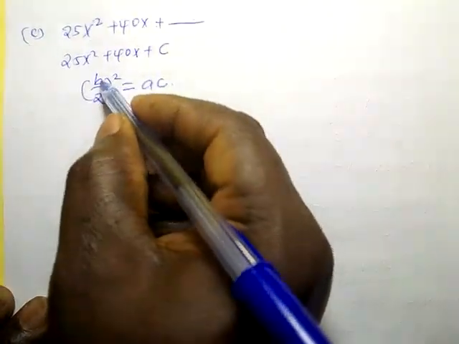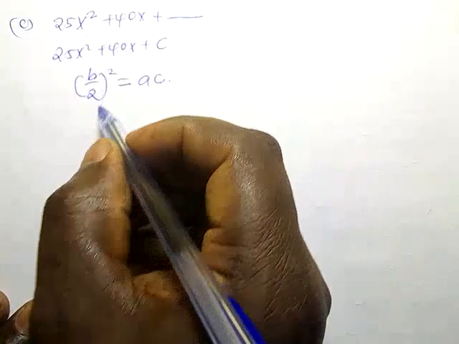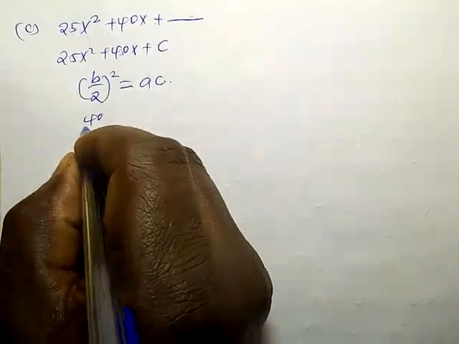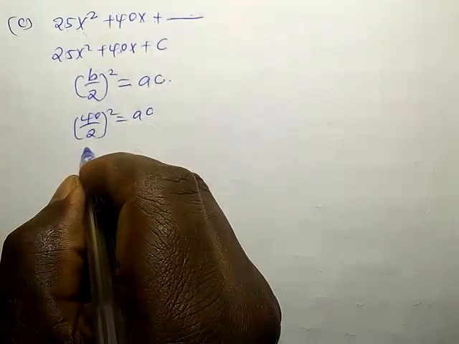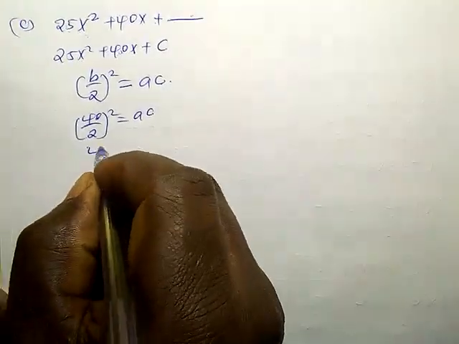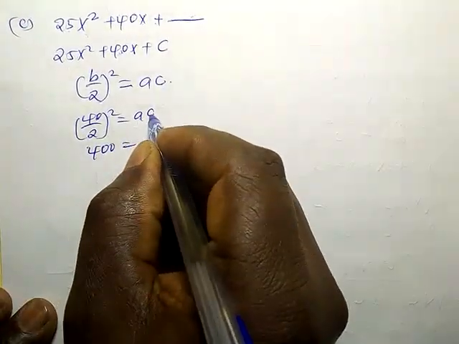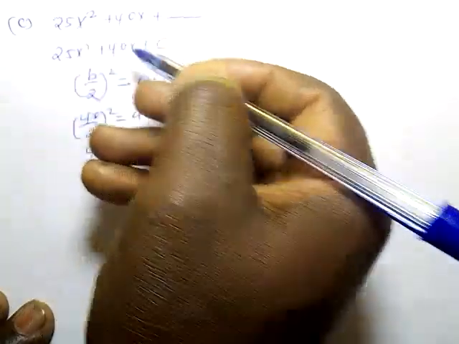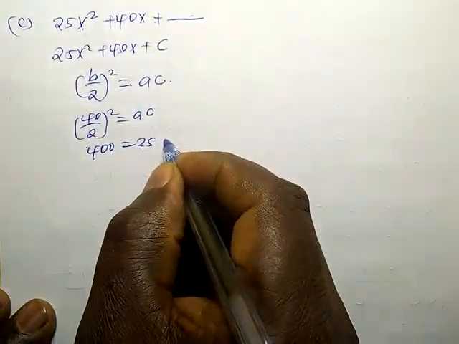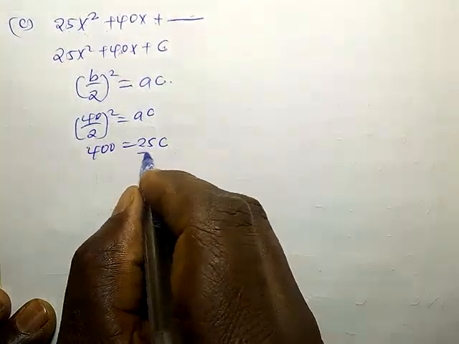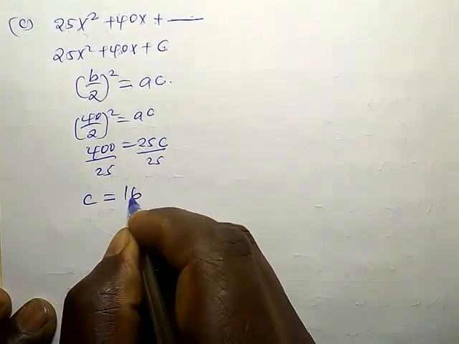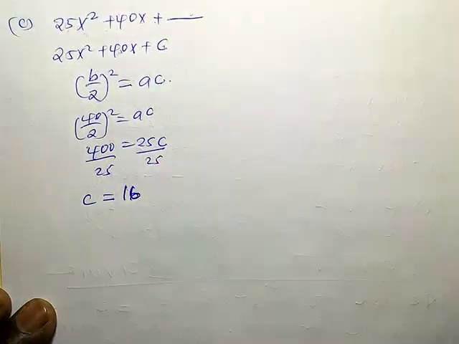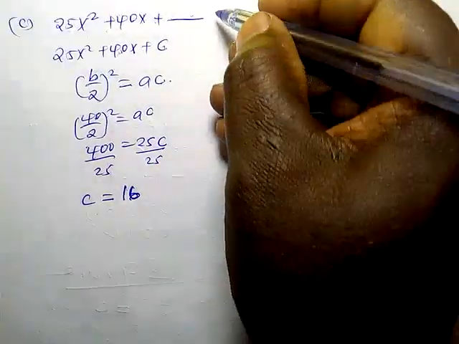We have our b is 40. So 40 divided by 2 squared, the answer is ac. This is 20 squared is 400 equal to ac. a is 25 times c. So divided by 25 and our c equal to 16. So our constant c is 16.